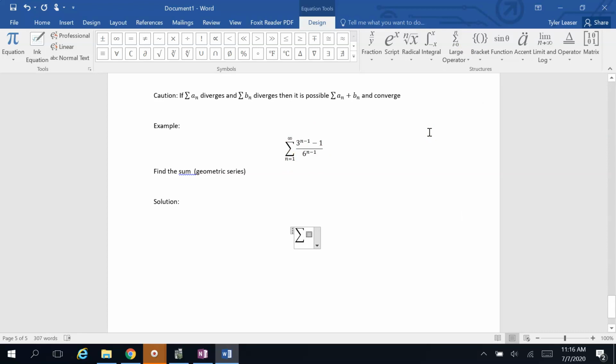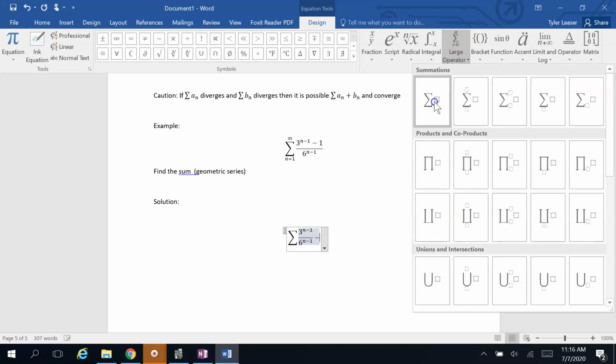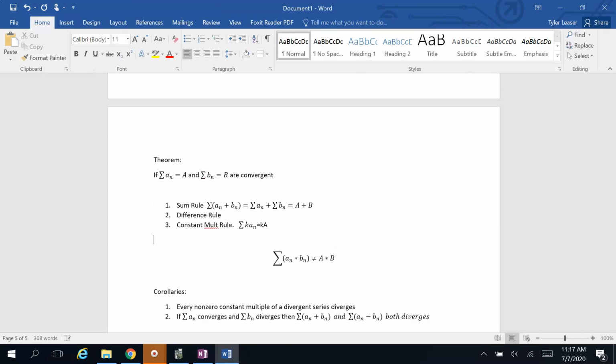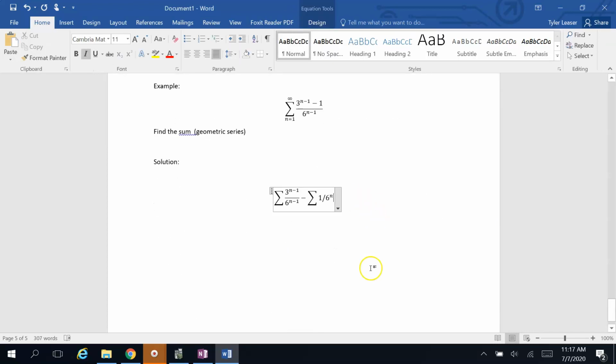So we're going to have just the first one to be 3 to the n minus 1 divided by 6 to the n minus 1. And that's going to be minus the next infinite sum of 1 over 6 to the n minus 1. There we go. Okay, cool.